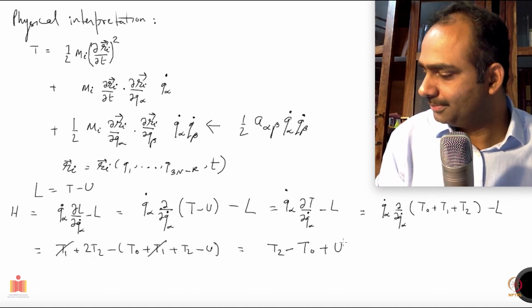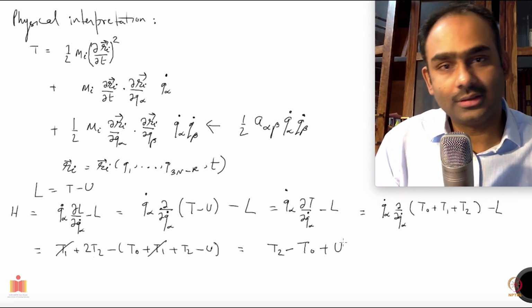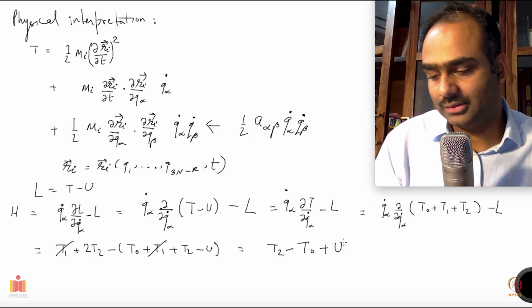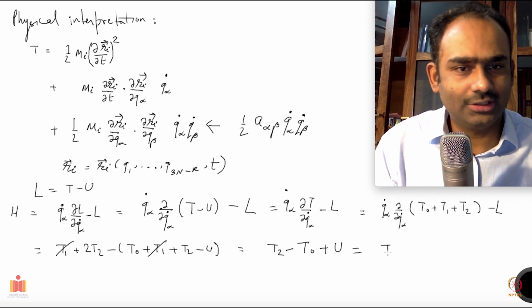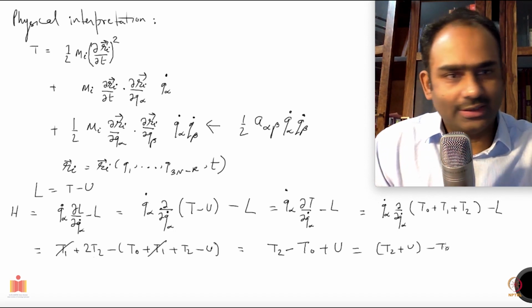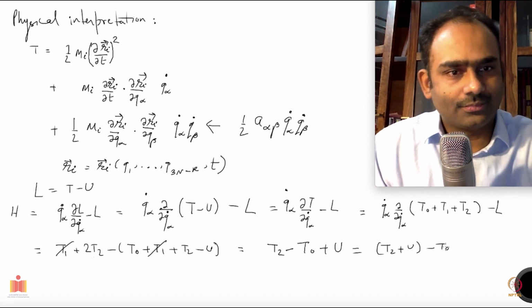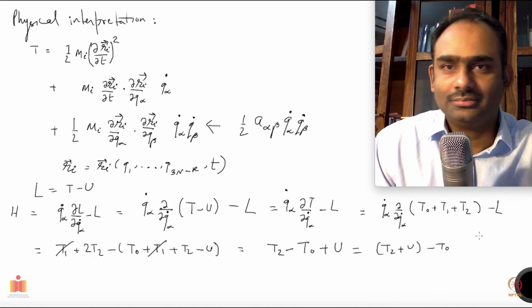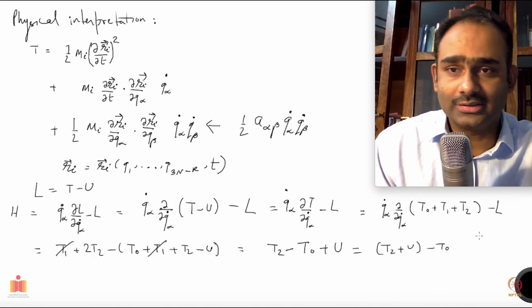Let me see. Perfect. Or let me write it as T2 plus U minus T0. So nothing very illuminating when you have an arbitrary system.